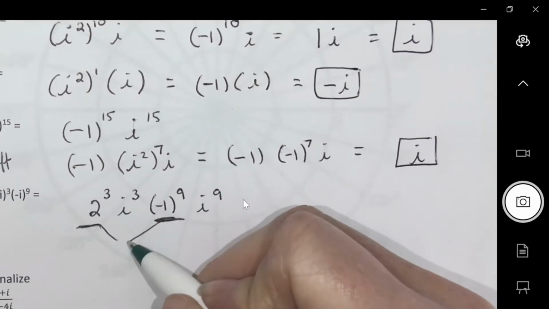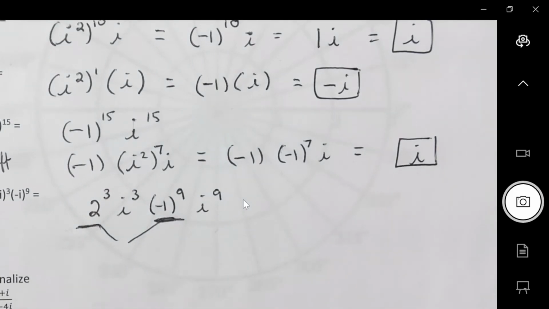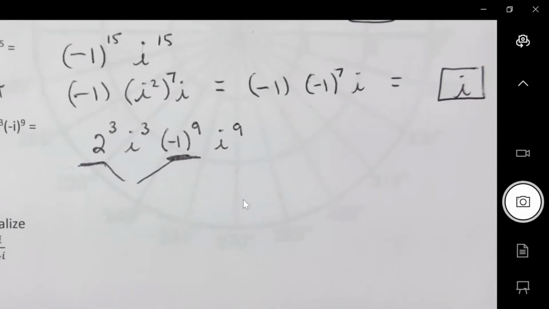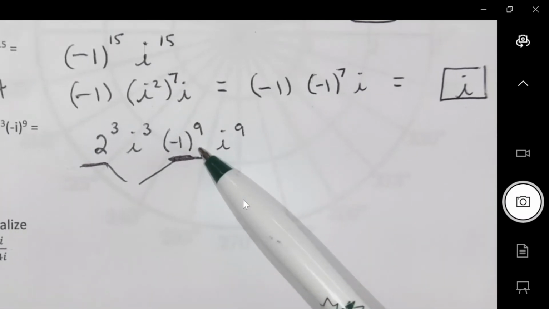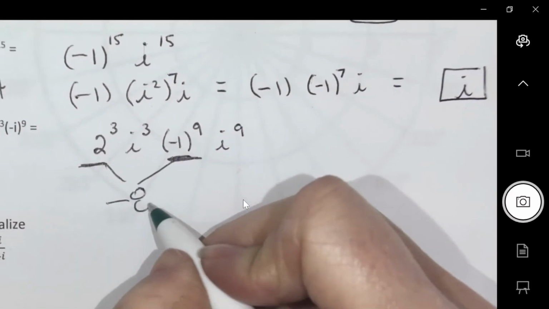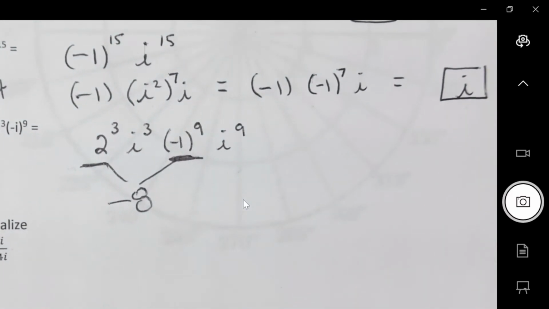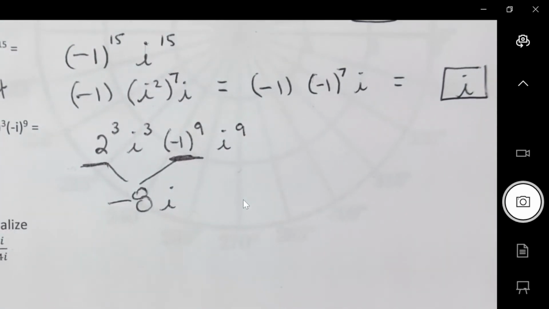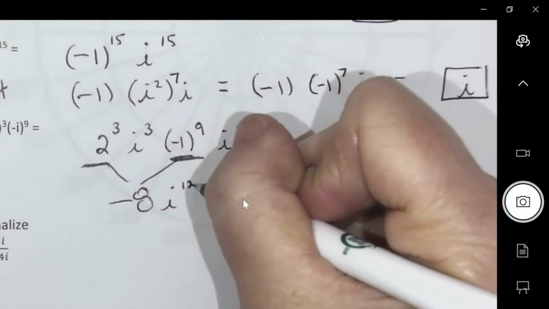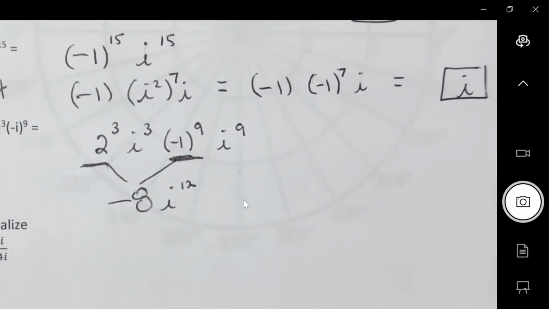Okay, can you tell me what this makes together? 2 cubed, we got an 8. And then this is -1. So -8 on that part. And how many i's do I have when I put those together? Do you remember the rule of the exponents on that? So now you would add them, right?